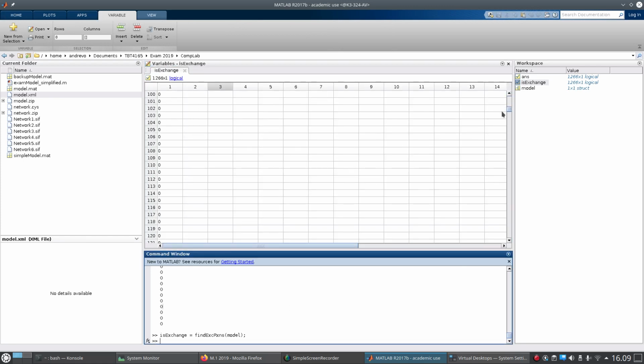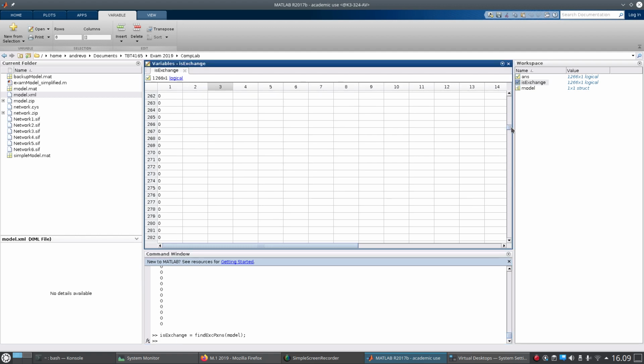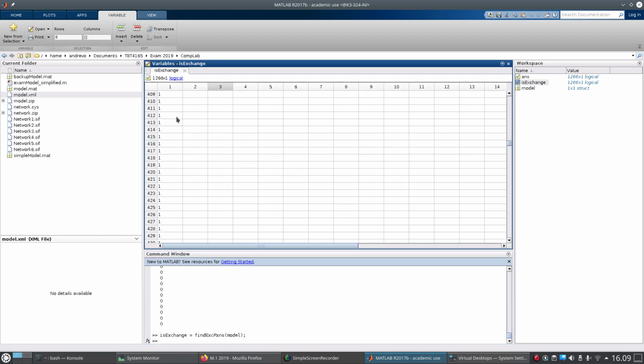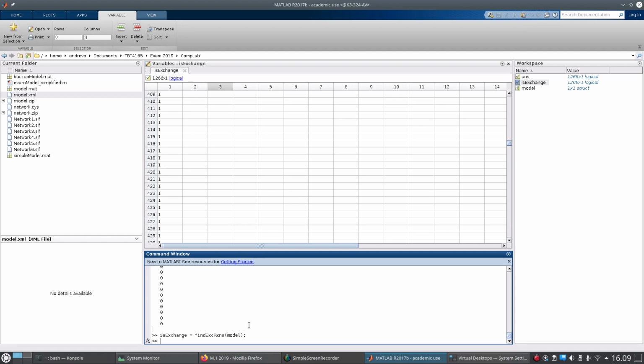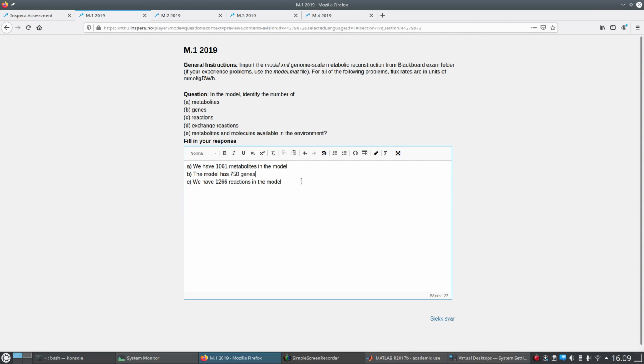And again, since this is either 0 or 1, if we go down here, we actually have a couple of ones here. We can do sum of exchange. That's just going to give us the sum of all these elements, which are either 0 or 1. That's 116. So we have 116 1 elements here, and that means 116 exchange reactions.